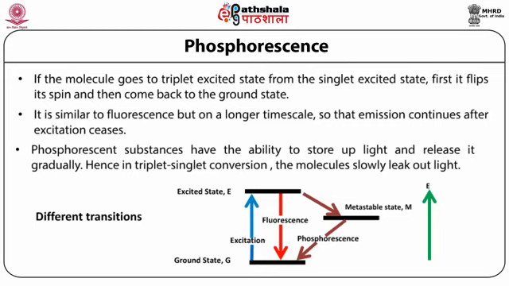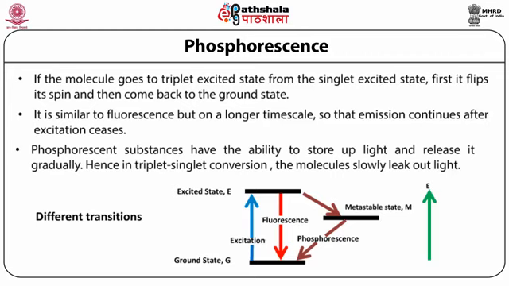But non-radiative processes take some electrons to a less energetic triplet state. Once these molecules get to the lowest triplet state, they are stuck there at least for a while. Then the electron first flips its spin and then comes back to the ground state.